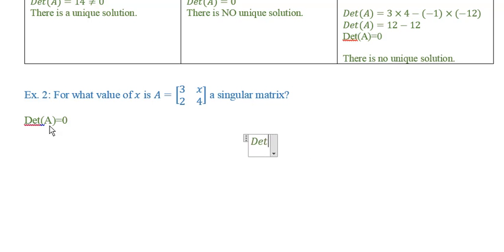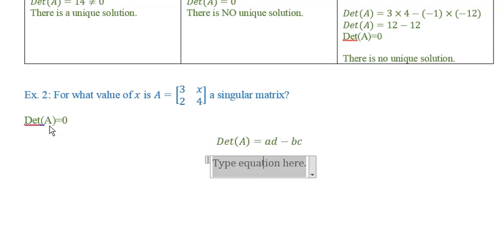Well, the determinant of A is AD minus BC. But we also know the determinant of A needs to be 0. So let's write 0 is equal to AD, 3 times 4, minus BC, which would be x times 2.